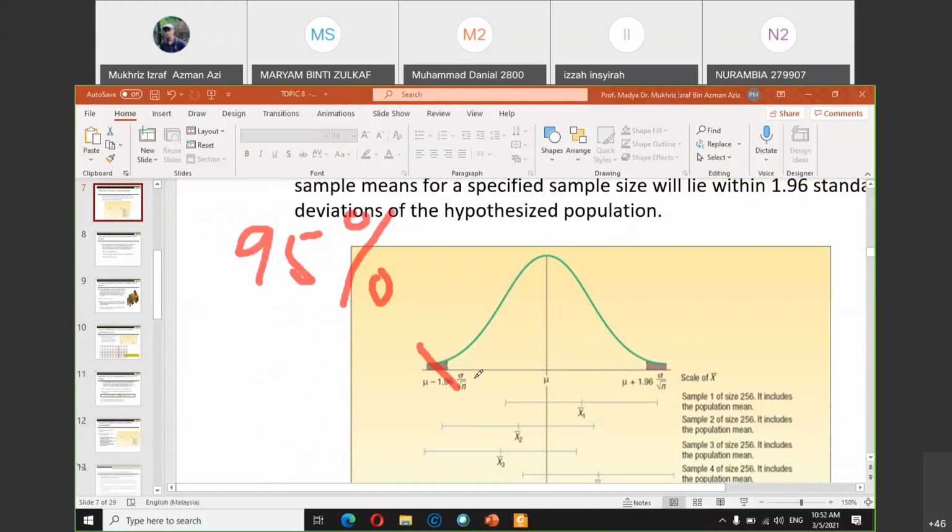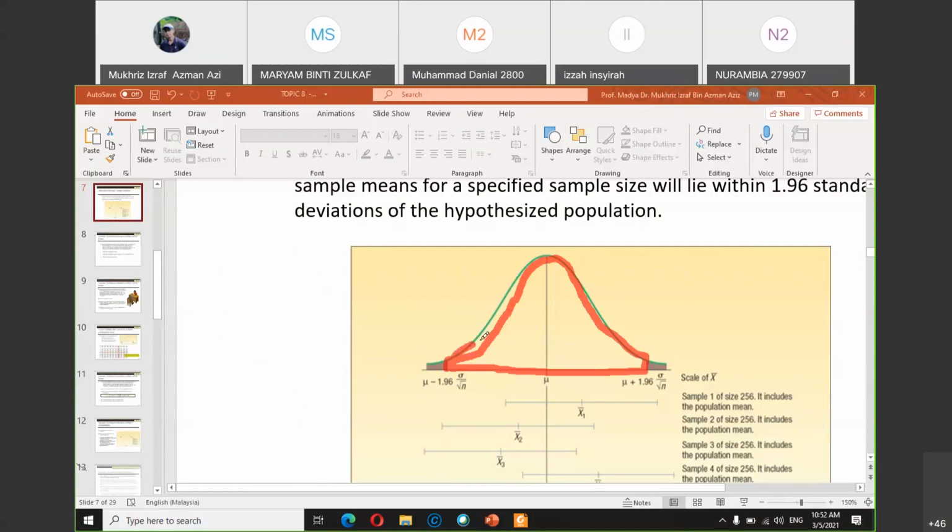The range of the area under the curve, when you say 95% CI, means we are confident that this range is 0.95. When you say I am 95% confident, or you want to calculate a 95% confidence interval, the word interval means the area under the curve between the lower boundary and the upper boundary. This area is equal to 0.95.